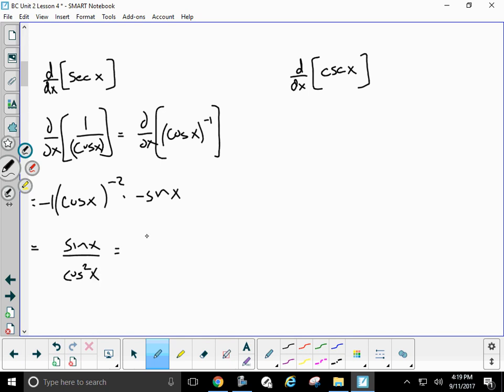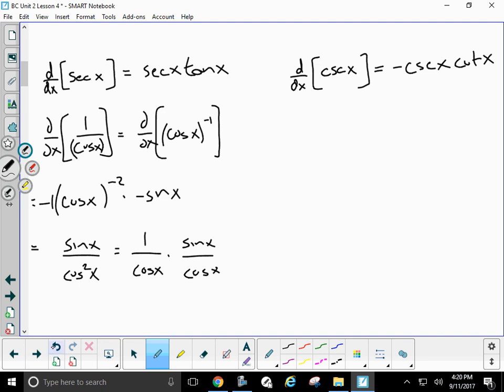I'm going to go ahead and rewrite it as 1 over cos x times sine x over cos x. Why am I going to do that? Because typically we say the tangent slope generator of secant is secant x tangent x. Secant x times tangent x. And similarly, the derivative of cosecant is negative cosecant x cotangent x.